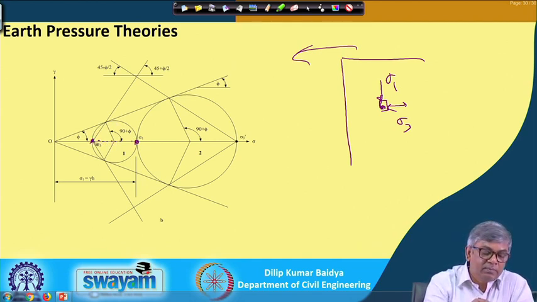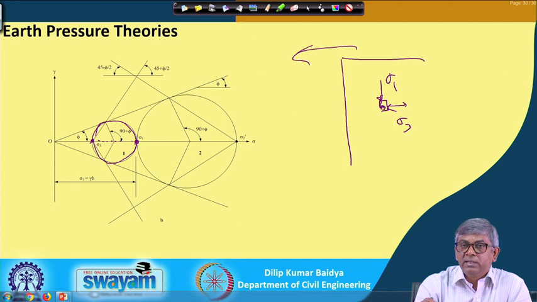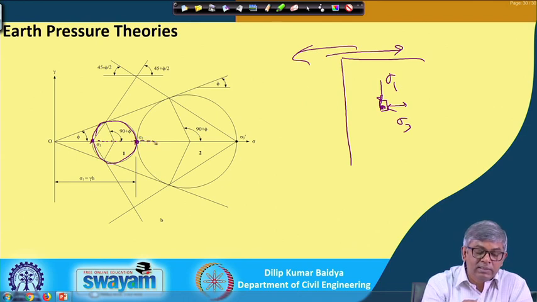Then this becomes the Mohr circle. Again, this was the at rest sigma 1, and then when the wall moves in this direction, sigma 1 increases and becomes this value, and this is sigma 3.